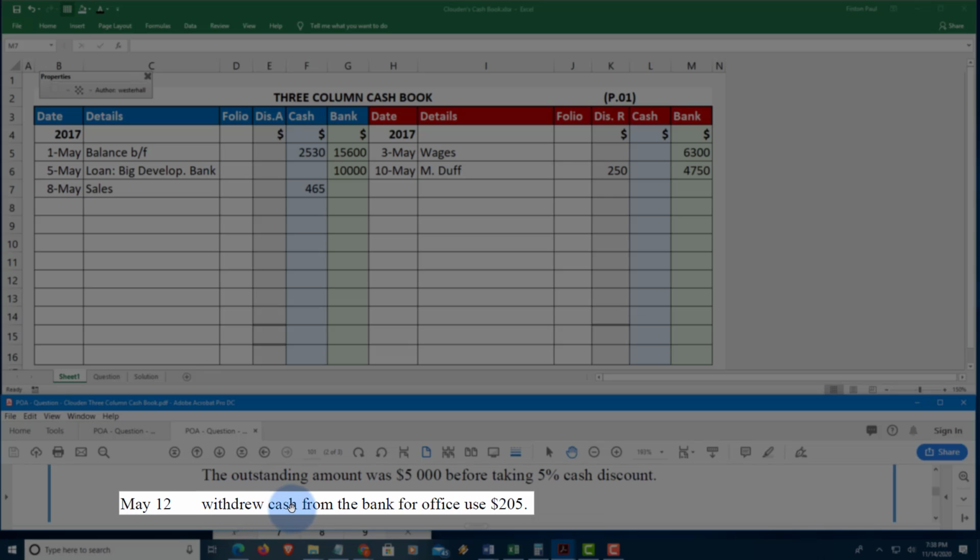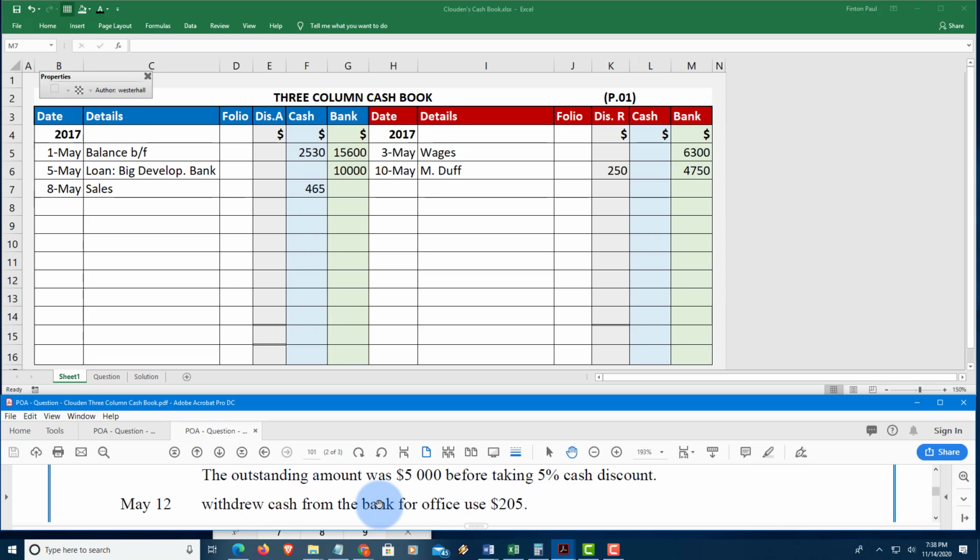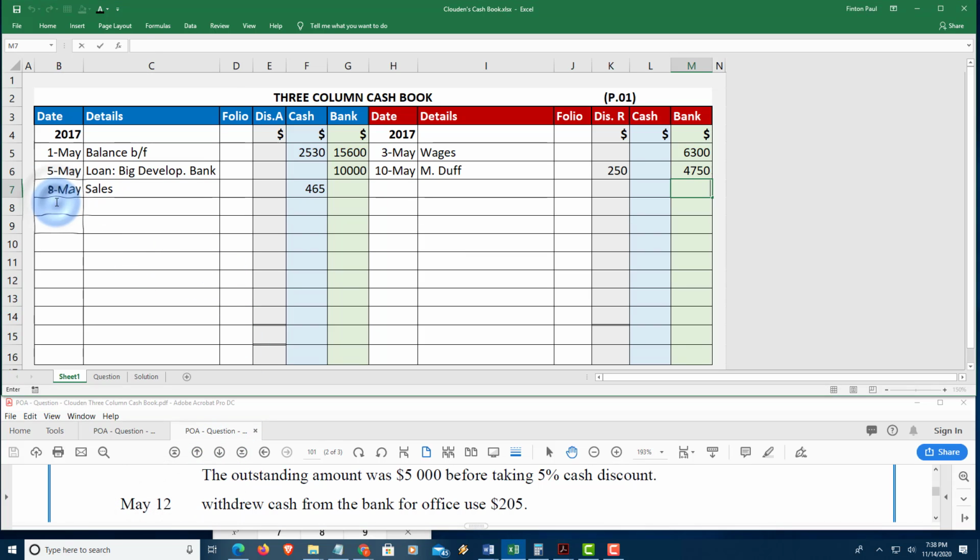May 12 says withdrew cash from the bank for office use. So it means we're going to the bank and leaving with cash. Not for private use, but for business use. So it means the money in the bank is decreasing, the money in our cash till is increasing. We can start with the credit, May 12.